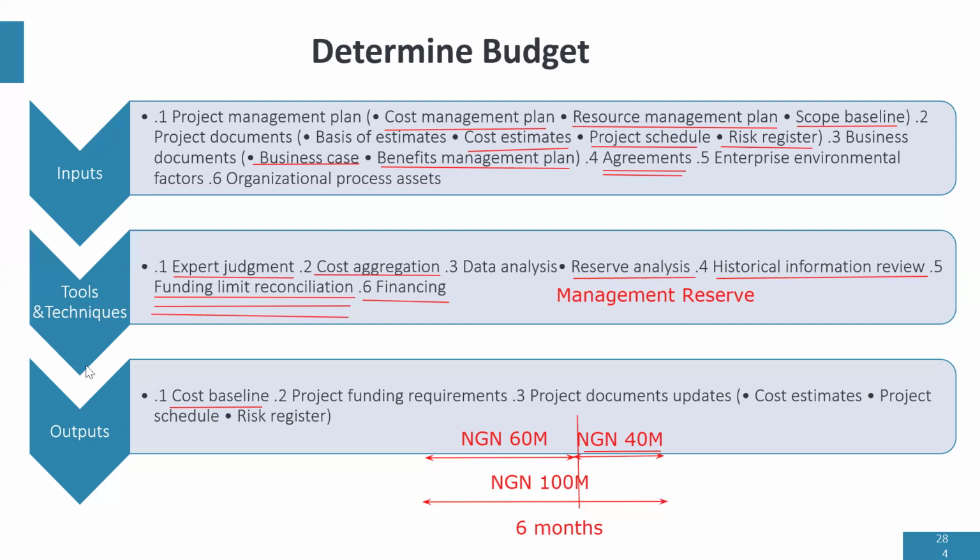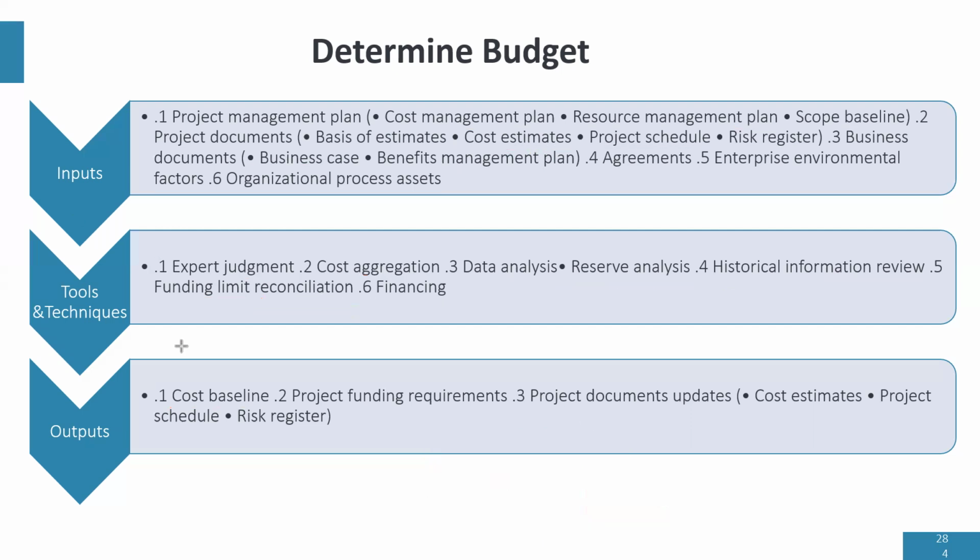So at the end of the day, in determining the budget, we create what we call the cost baseline, and the project funding requirements. Now, let's look at this. This is the process of budgeting your project. Let me summarize it. Bring all your costs together. Bring all the logistic costs together.